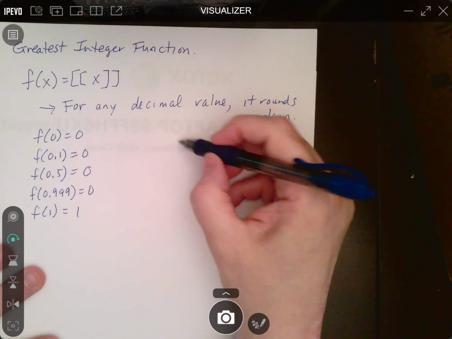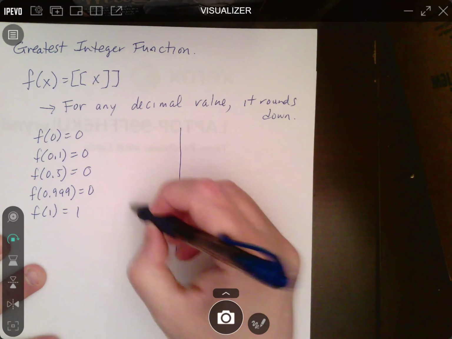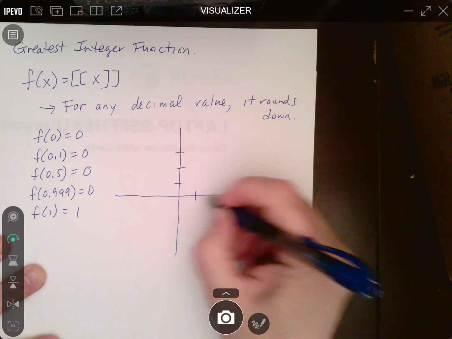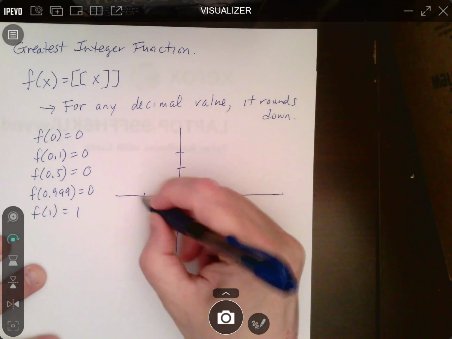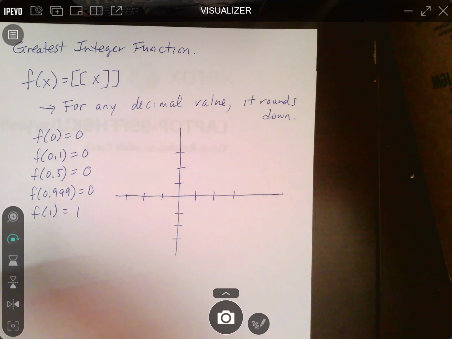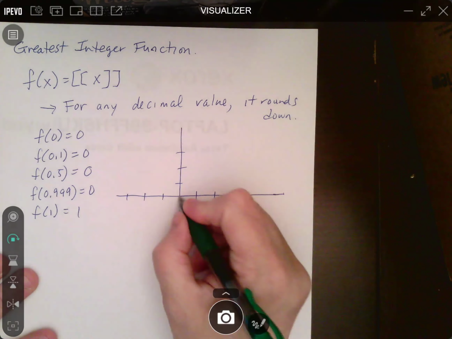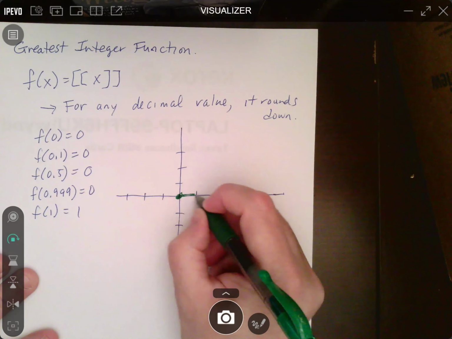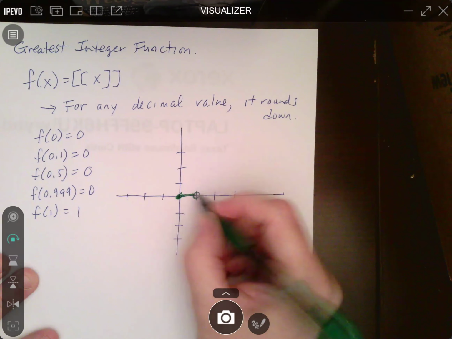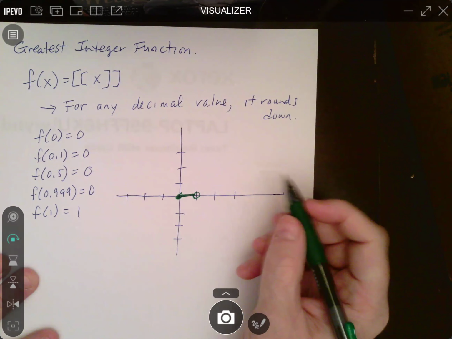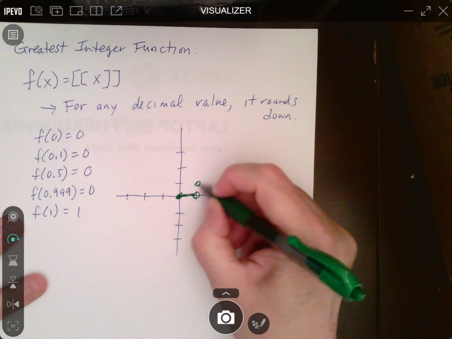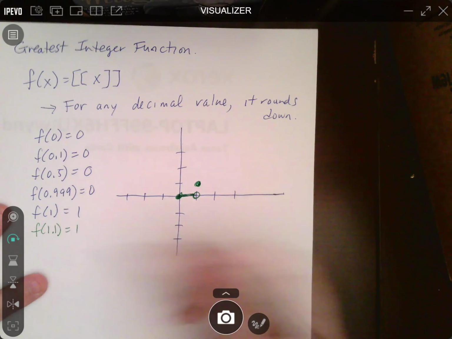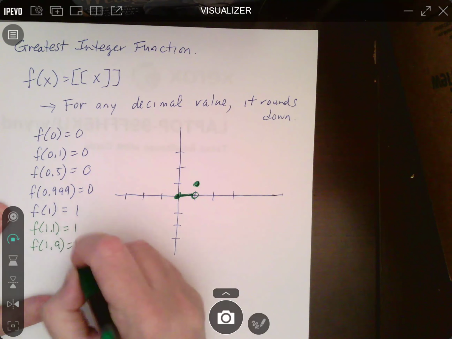So what this looks like on a graph, if we wrote f of 0 right here, we have a value here, and it's perpetually 0 all the way over to 1, but then it's not 0 there, so it's hollow there. And at f of 1, it actually has a value, so it's there. And like so, f of 1.1 rounds down to 1, f of 1.9 rounds down to 1.